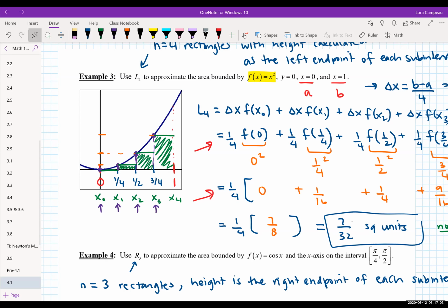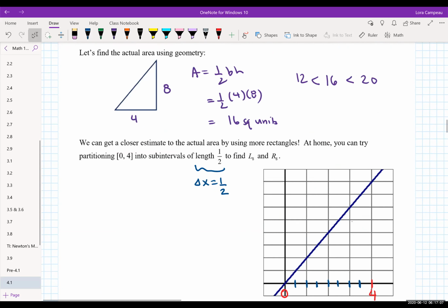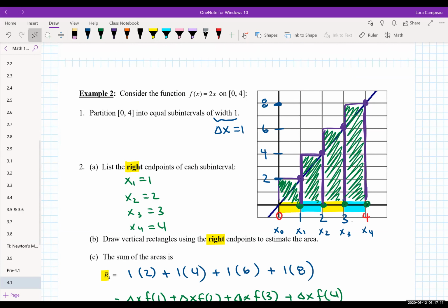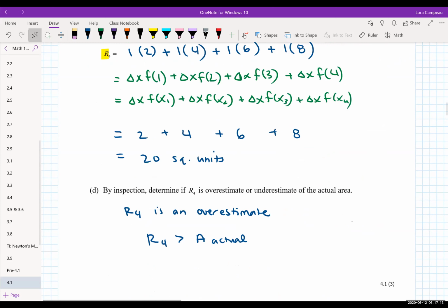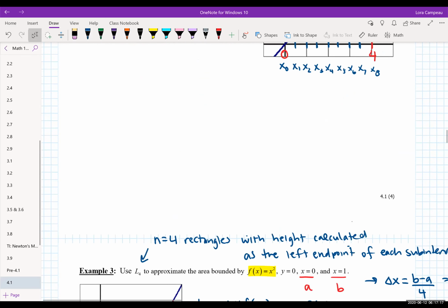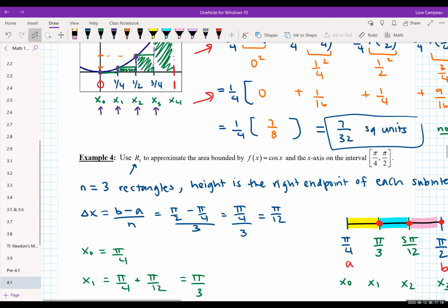So we don't end up having empty space like we see in example 3, or overestimate like we saw in example 2. Feel free to look at your textbook for those cute pictures. I can't give you everything, right? You gotta look at some things.